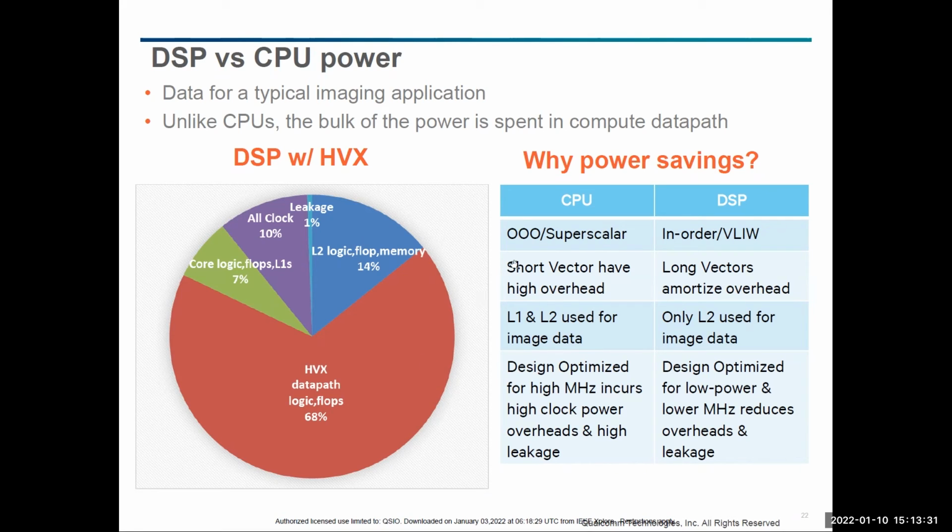And again, going back to why we have power savings on the DSP, I want to reiterate and add some more points to what I've already discussed. The CPU is out of order and superscalar in nature, which basically means any instruction can be executed in any order on the CPU.